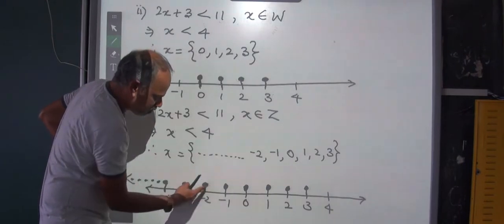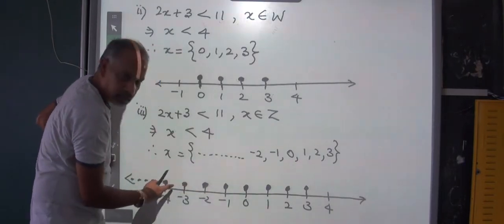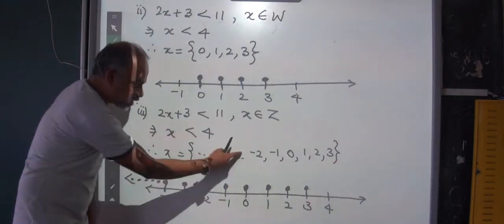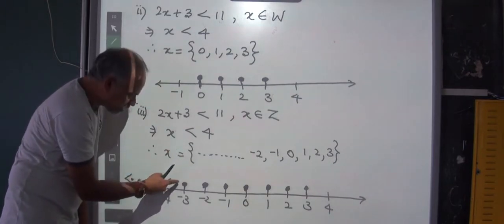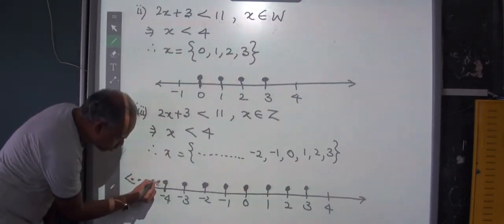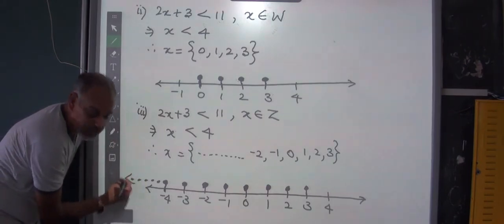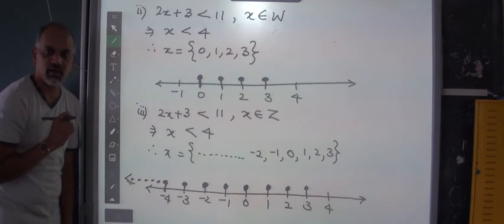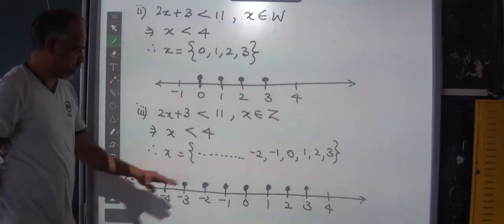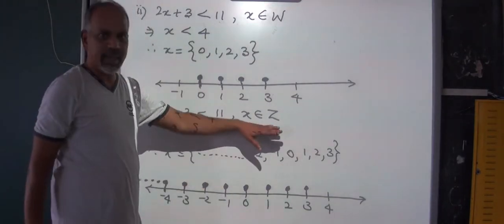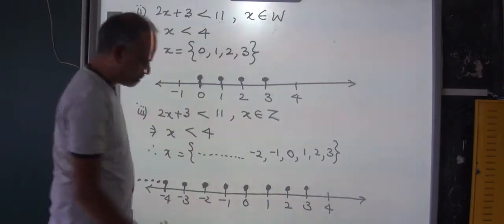Because it continues, I have put continuous dots after -4 and put an arrow, showing that it goes to infinity on the negative side. So that's the solution for x belonging to integers.